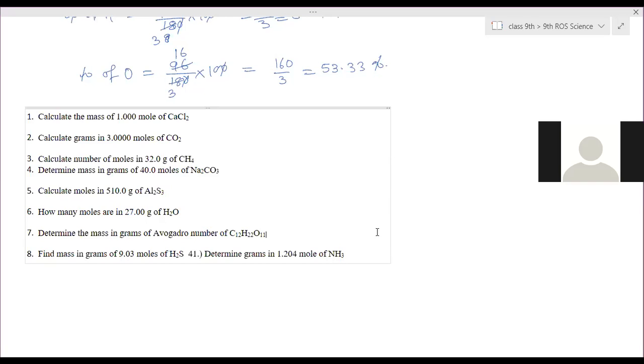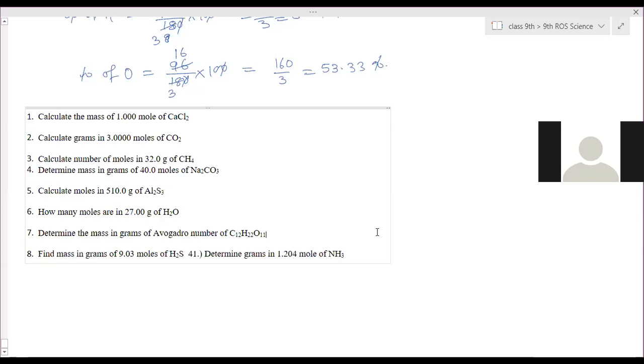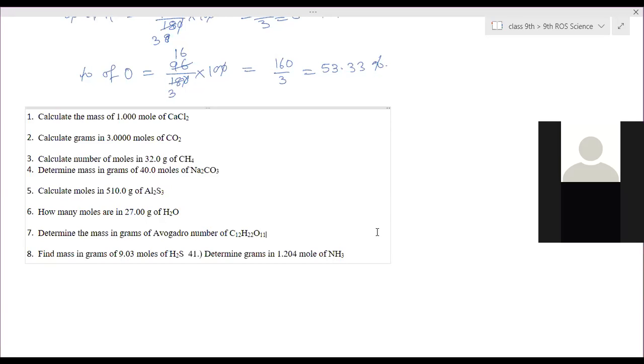What was the first question answer? 110 grams. No, 111 grams. I got 110 grams. Round it off, it's 111. Second one? 132. Third one? 2 moles. Fourth one is 4,240 grams.